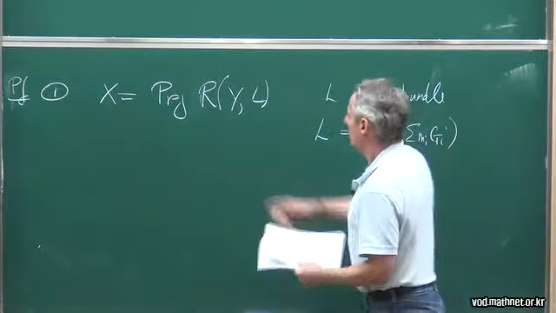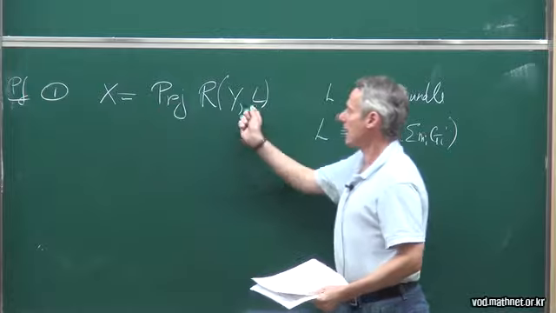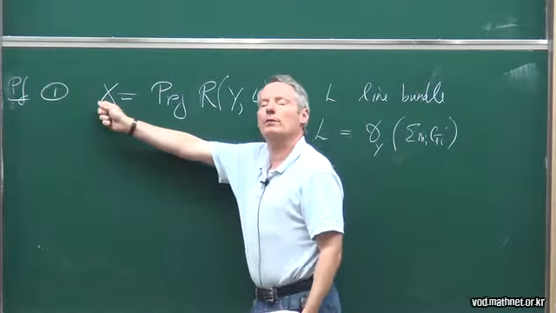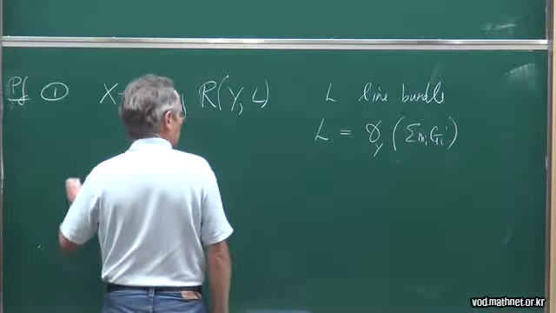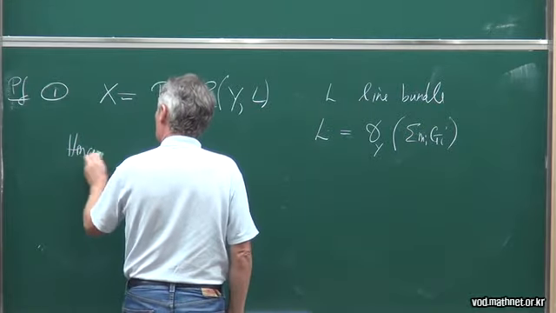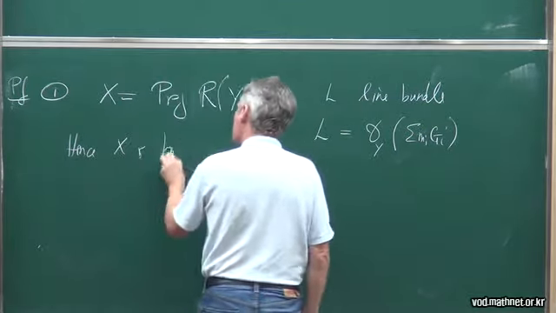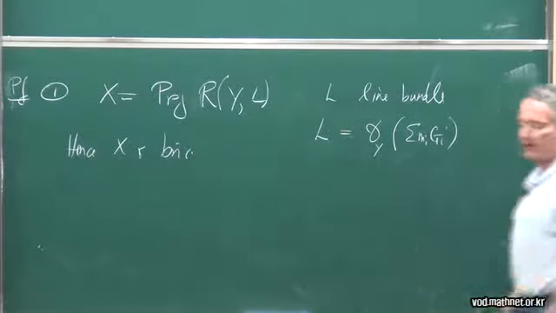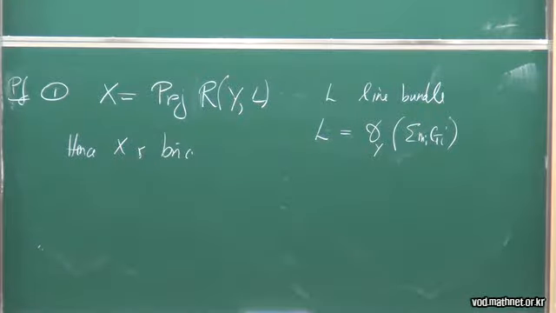So then this thing naturally carries the action of a torus, and then this is therefore a toric variety. Hence X is toric. Or you can just say whenever you start with a toric variety and you run MMP, it will remain toric.